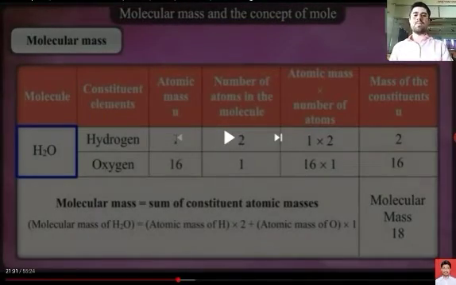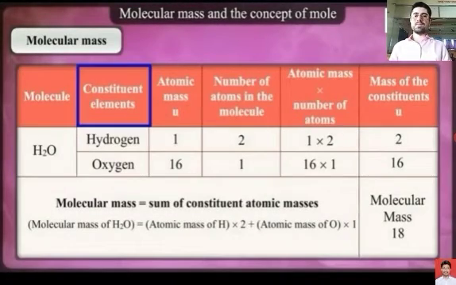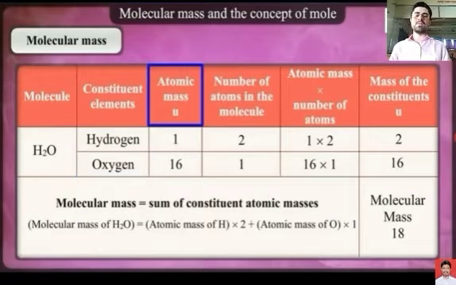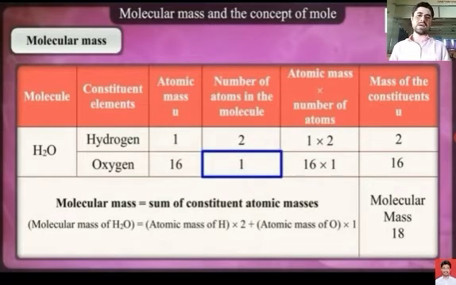This table will help us to see how the molecular mass of H2O has been deduced. We have the H2O molecule, and we have constituent elements such as hydrogen and oxygen. The atomic mass of hydrogen is 1, while the atomic mass of oxygen is 16. In H2O molecules, there are 2 hydrogen atoms and 1 oxygen atom.